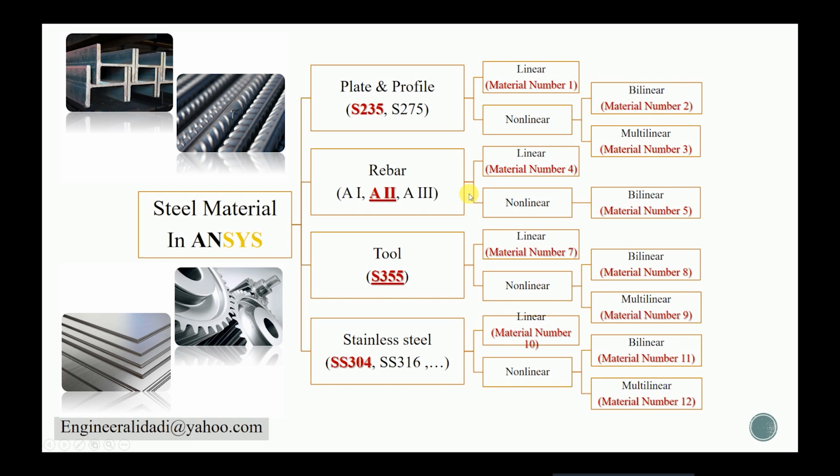And at the end of this video tutorial, I will teach you how to copy the defined material Ansys code or commands into a text file for saving and reusing in the future.